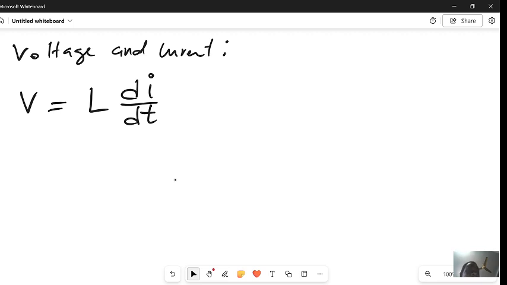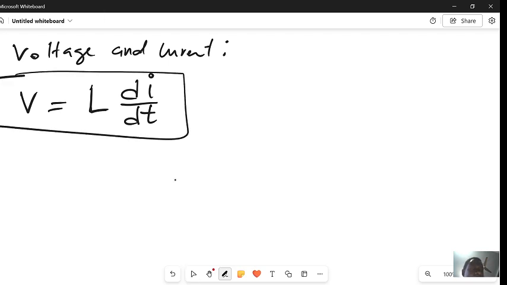This is the relation between the voltage and the current in an inductor. The voltage equals the inductance multiplied by the derivative of i by t.